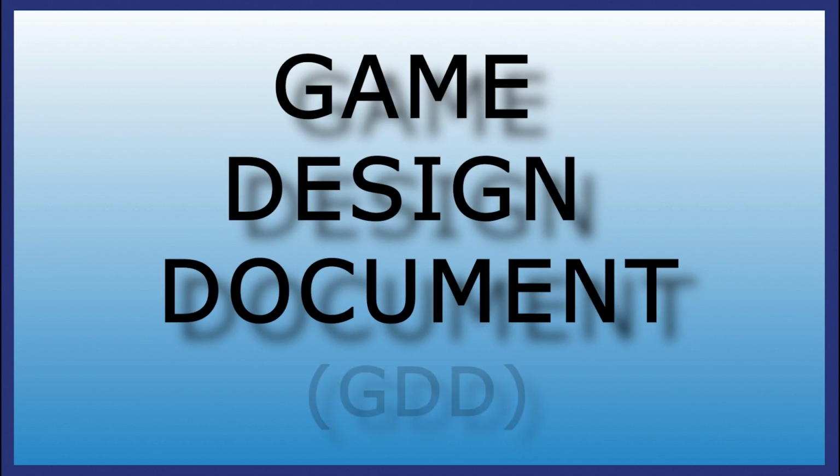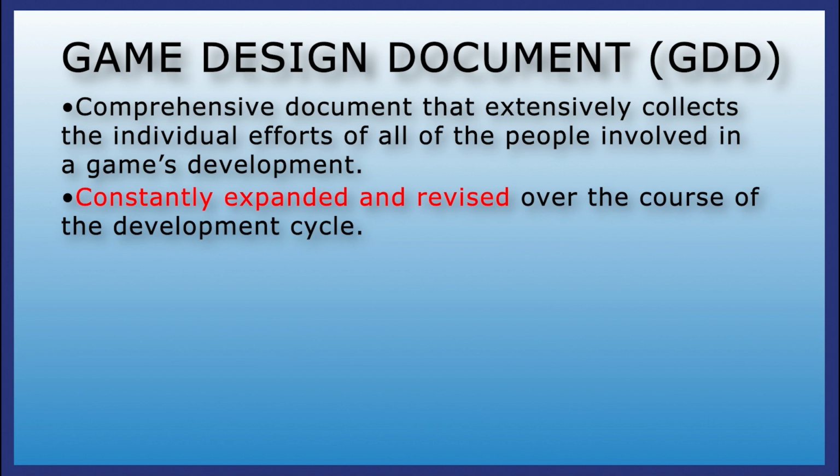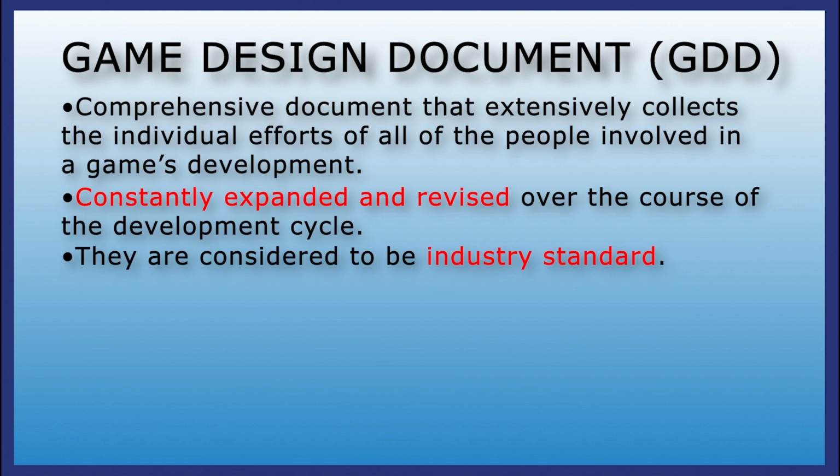If you've ever worked on a game before, chances are you've heard of a game design document, or GDD for short. For those who've never heard of a GDD before, they're a highly comprehensive document that organizes all of the combined ideas and efforts of everyone on a game dev team into one place. Over the course of development, the document is constantly expanded and revised upon. They're generally seen as industry standard, so it's necessary to become familiar with them.